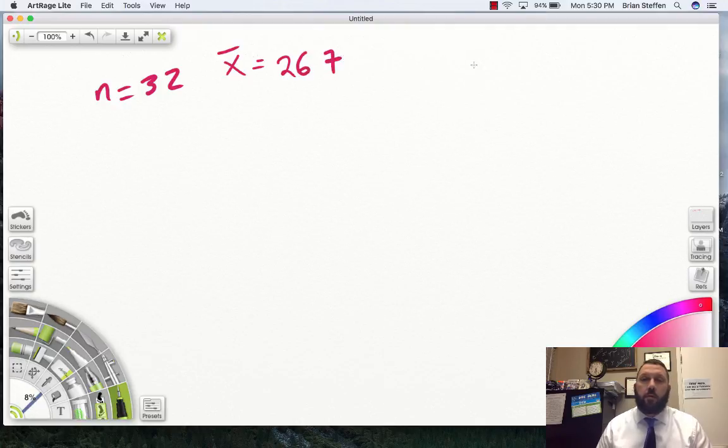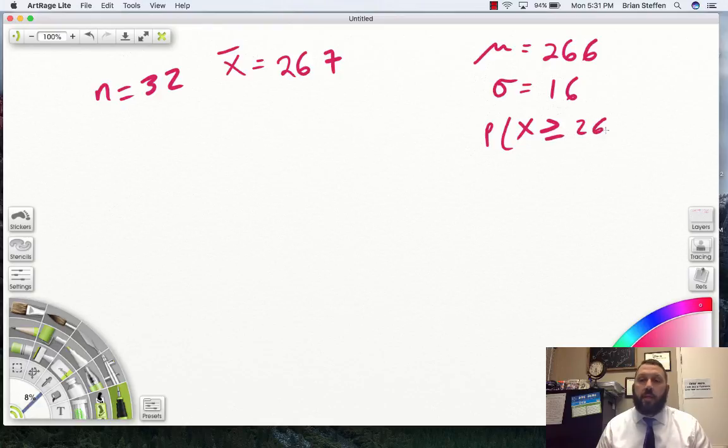From that pregnancy problem that we did, 266 was the average number of days. The standard deviation of the original population was 16. We could probably calculate the probability that just one person has a pregnancy that lasts longer than 267 days.